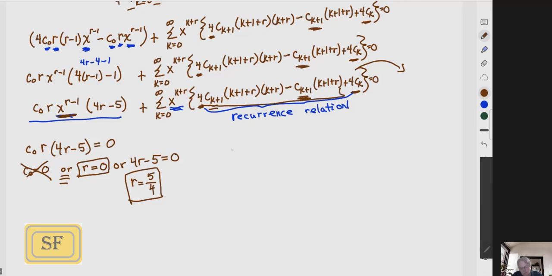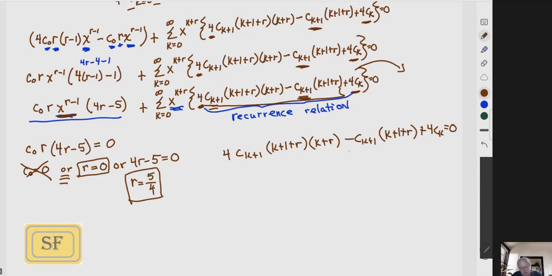Let me set this equal to 0: c sub k plus 1 times k plus 1 plus r times k plus r minus c sub k plus 1 times k plus 1 plus r plus 4 c sub k equals 0.